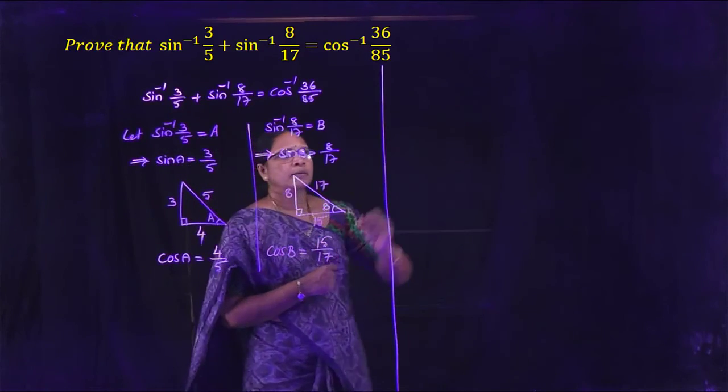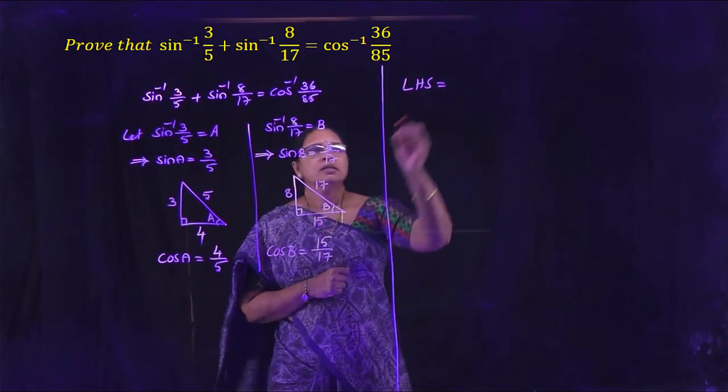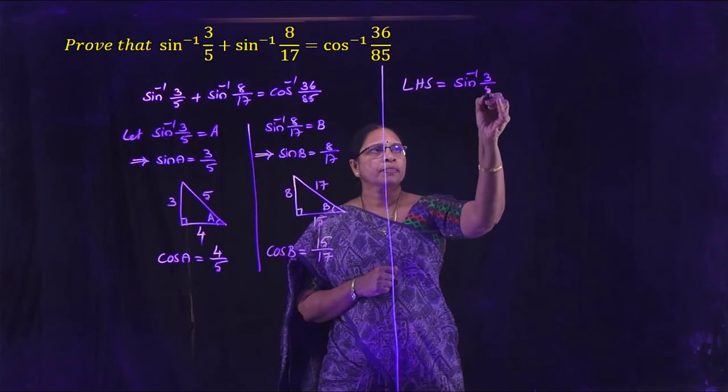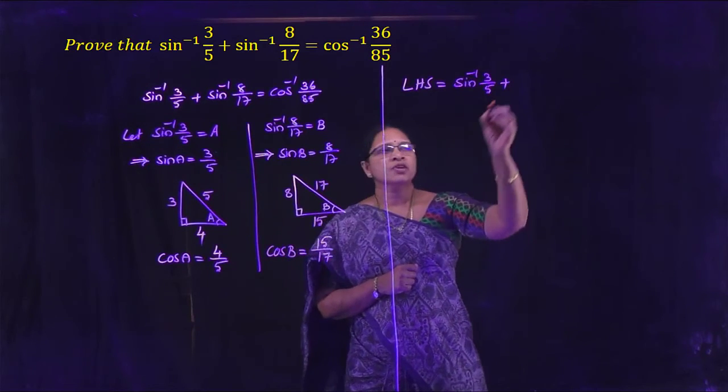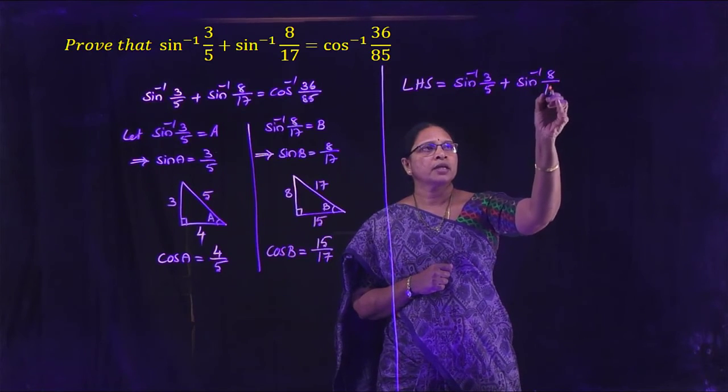Let us take LHS part. Here LHS is sin inverse 3 by 5 plus sin inverse 8 by 17.